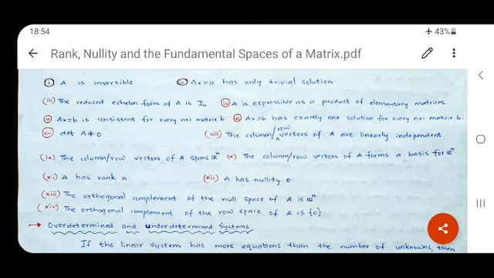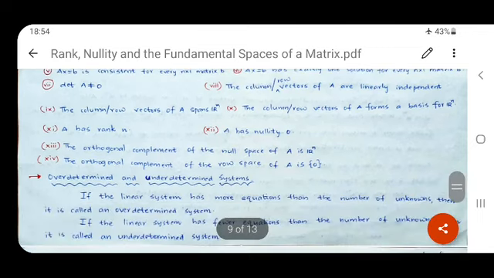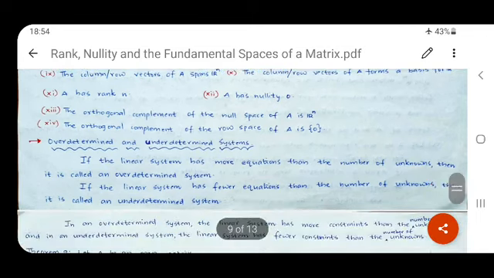Since they are linearly independent and span, definitely they form a basis for Rn. Then rank of A is equal to n. Nullity of A equals 0. Then the orthogonal complement of the null space of A is Rn. And the orthogonal complement of the row space of A is the singleton 0. And the last two equivalent statements, you just go through them and prove them.